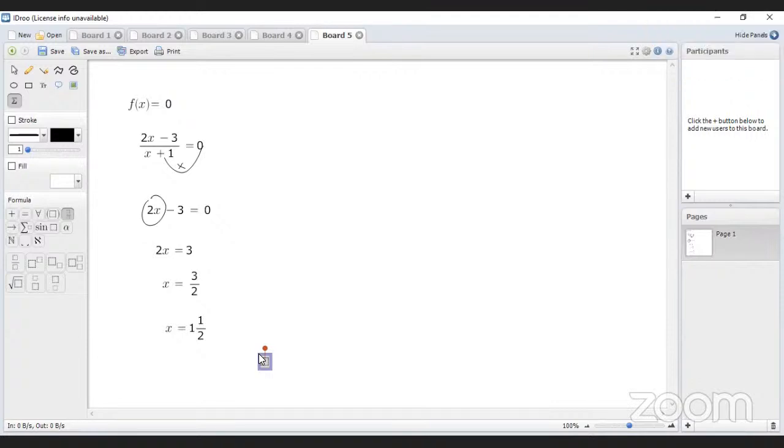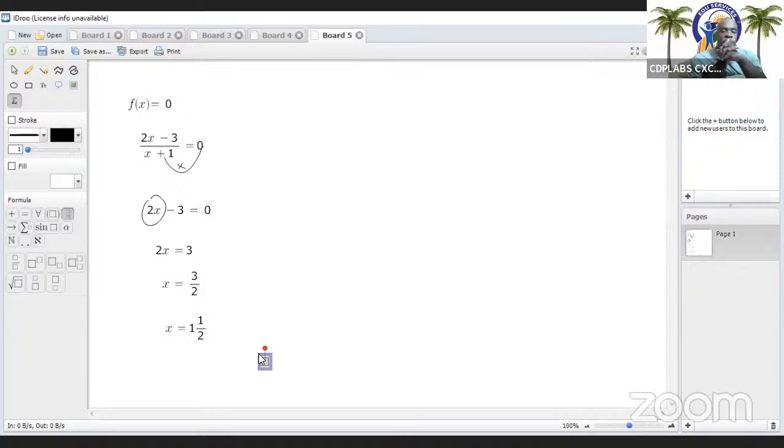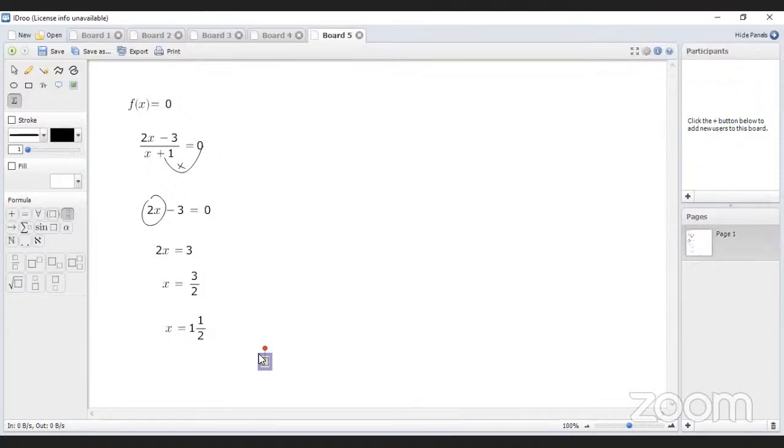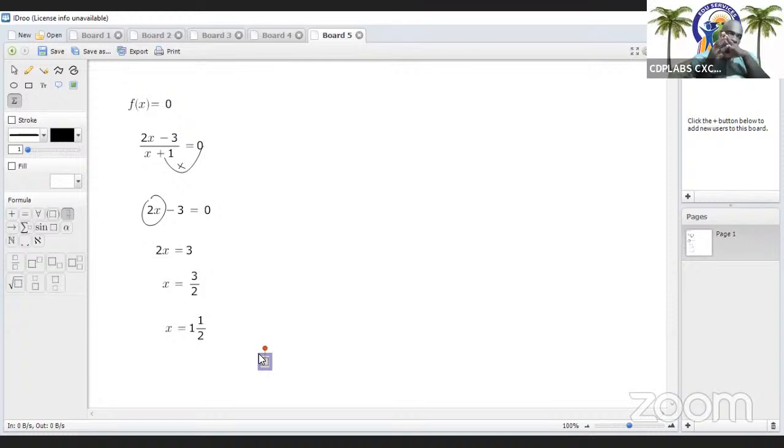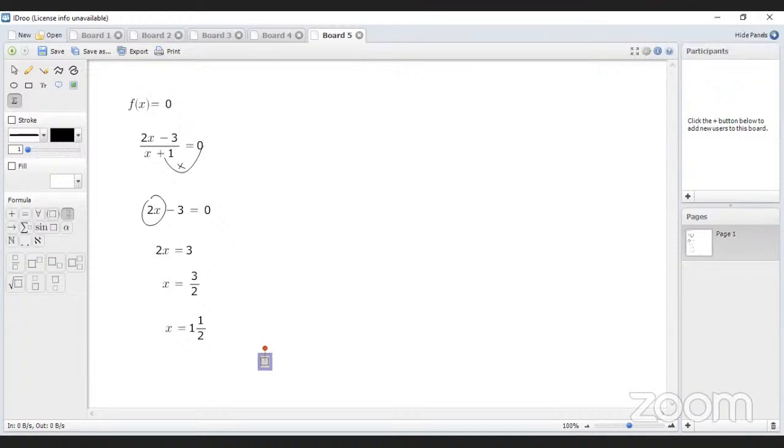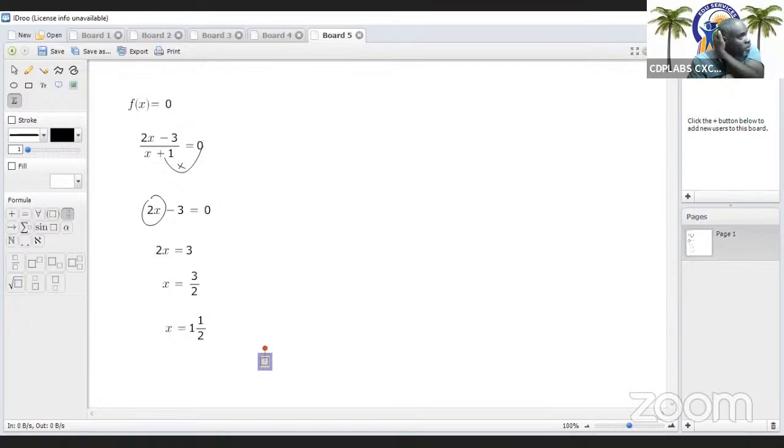Okay. So now we're going to go to part B. Ready for part B now? For part B, it says f of x is undefined. And I told you that before. So what do we mean by f of x is undefined? It's something with 0.